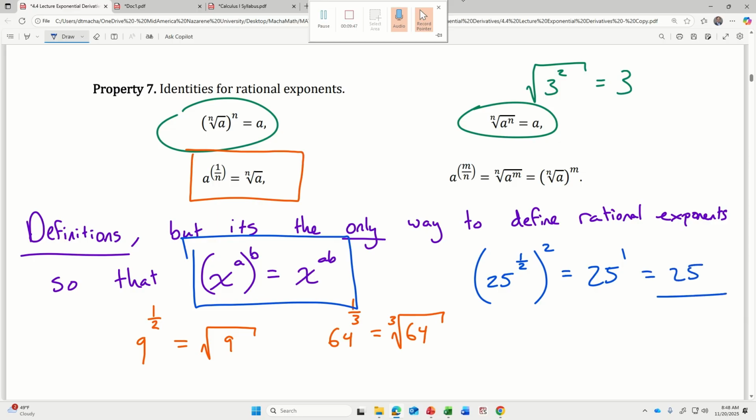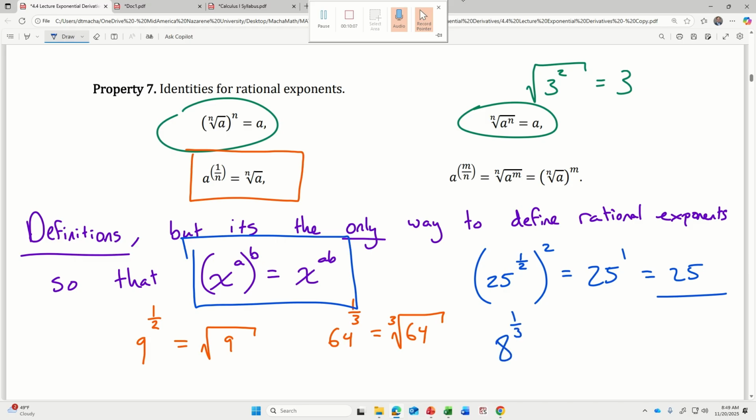In other words, however I'm going to define the 1/2 power, it has to cancel out when I compose it with the square. What's the only function that always cancels out when you compose it with the square? It's the square root.